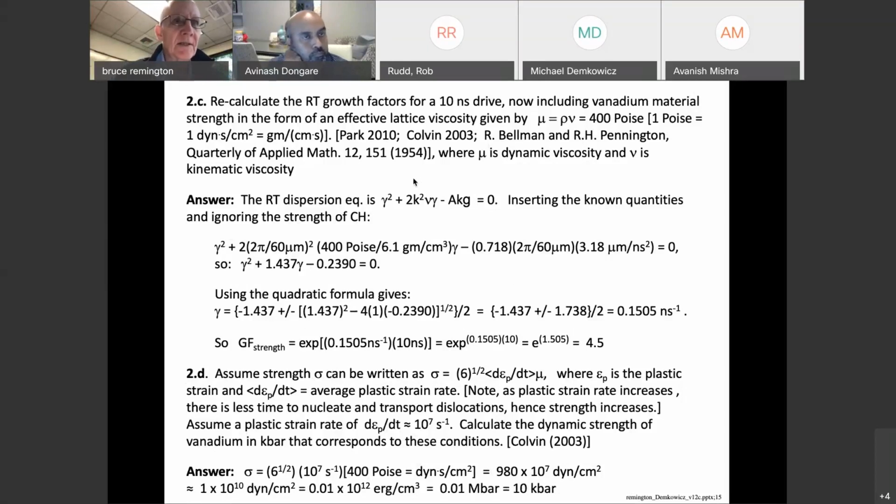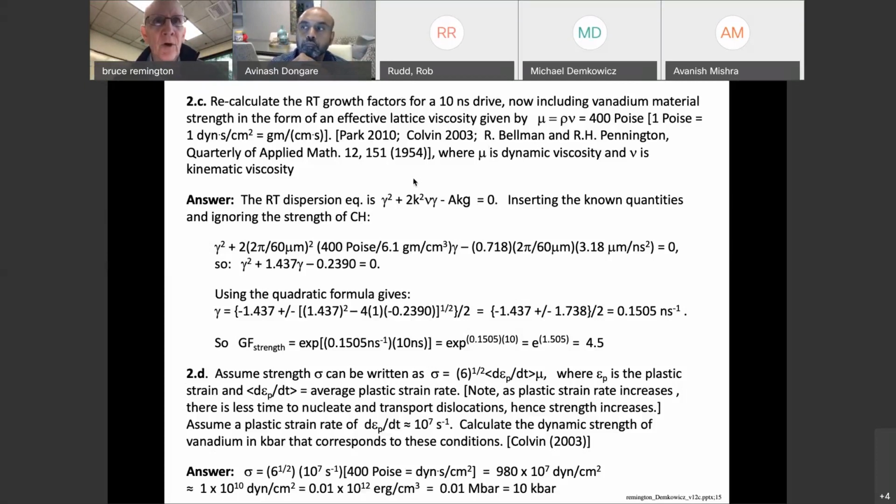The units of viscosity are dynes seconds per centimeter squared, also the same as grams per centimeter second. I give several references here for the Rayleigh-Taylor formula in the presence of viscosity. The dispersion equation is given again as gamma squared plus 2k squared nu gamma minus AKg equals 0.